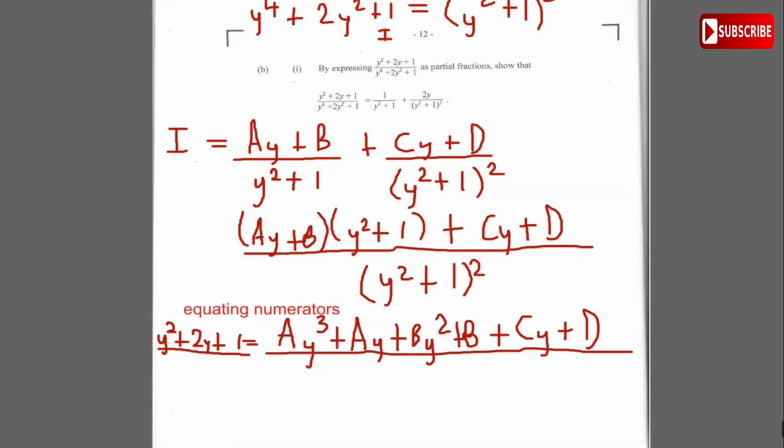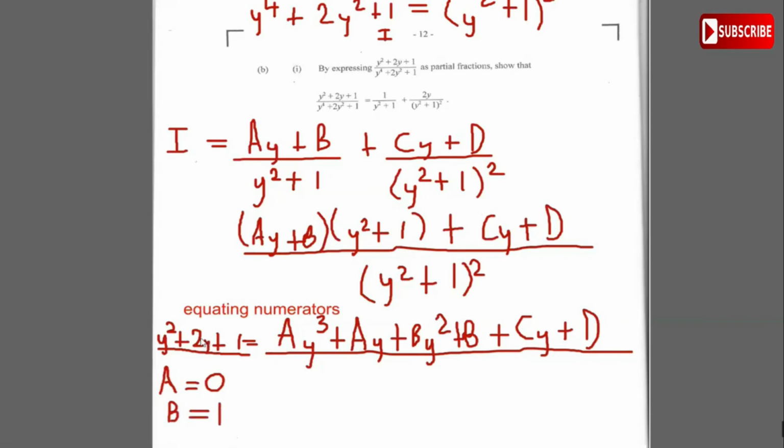So equating the numerators, what do we notice? We notice there's no y cubed over here. And so clearly, a is equal to 0. If a is equal to 0, then equate the y squared terms. Equating the y squared terms, we're going to get b equal 1, clearly.